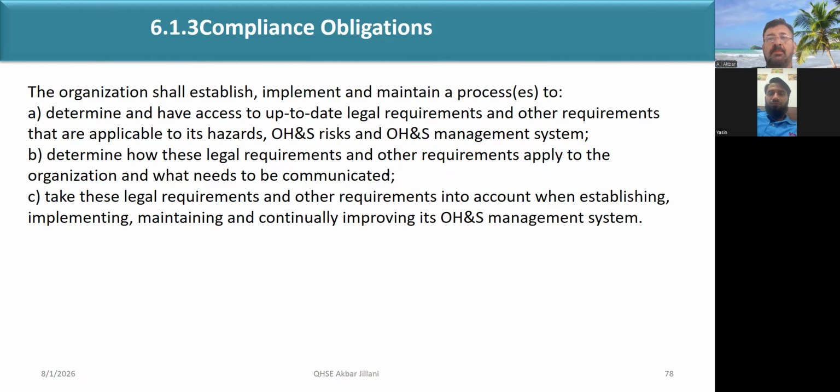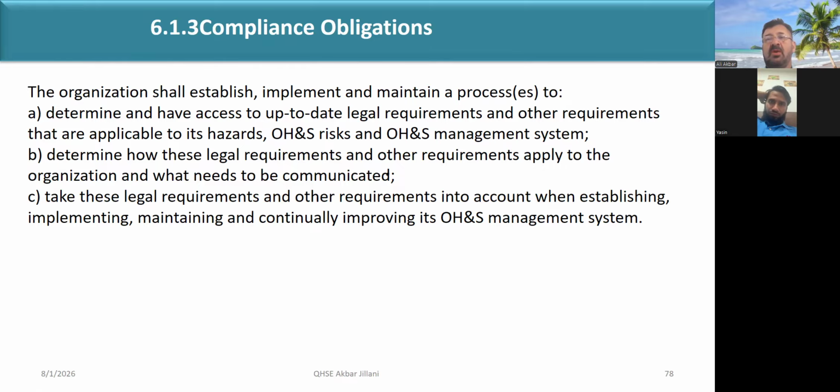And if they don't have a code of practice for a particular activity, they will forward you to the UK HSE, or they will forward you to the UAE, as we have the ADOSH requirement here.